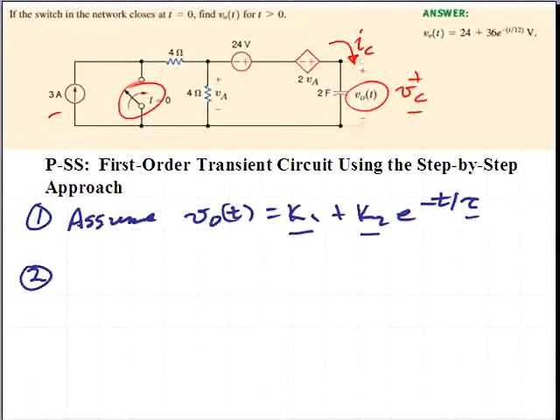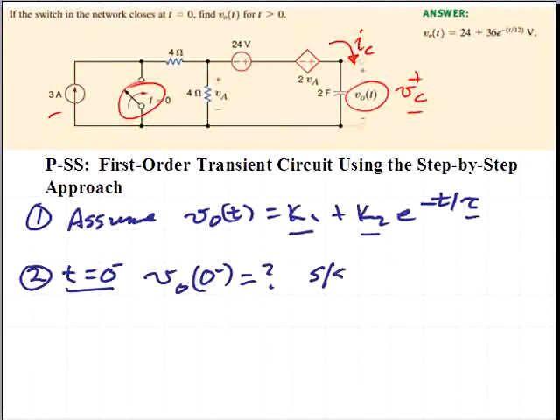The second step in the step-by-step approach is to consider the time t equals 0 minus. This is just before that switch closes, and we're going to want to determine the variable VO voltage at t equals 0 minus.